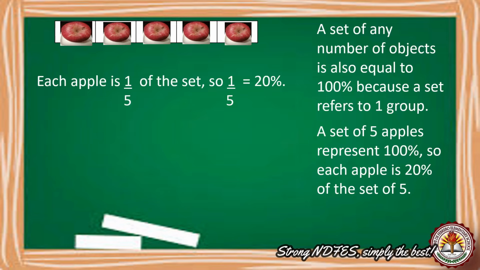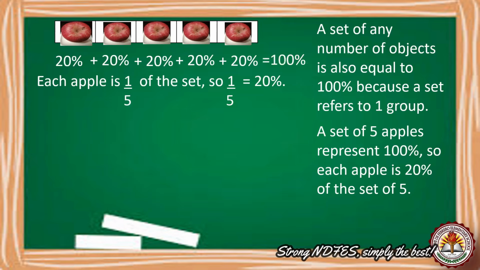So, 1/5 is equal to 20%. This is 20% plus 20% plus 20% plus 20% plus 20%, that is equal to 100%. Also, 20% is equal to fraction 20 over 100, or 20 to 100 in ratio.